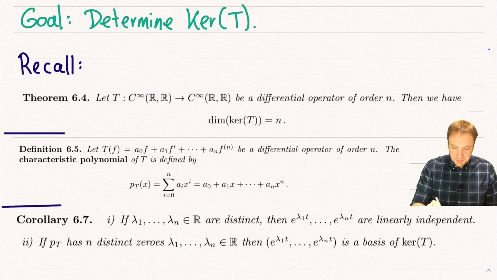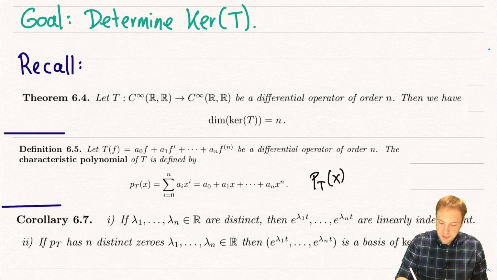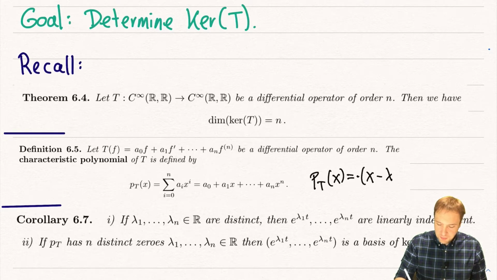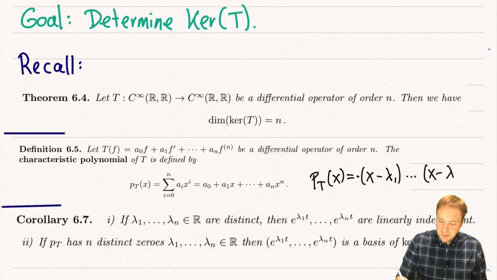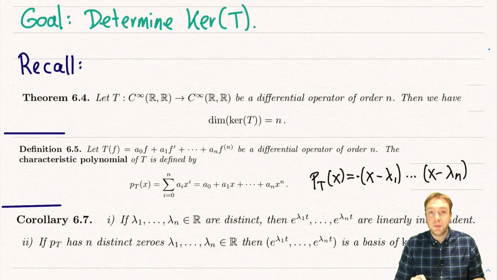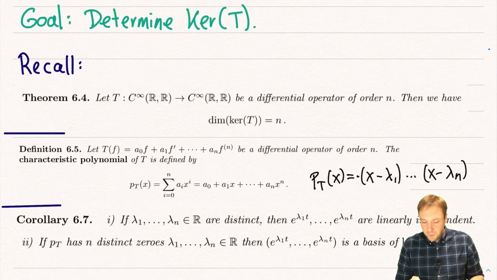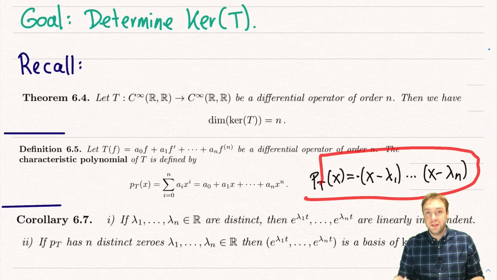So in this case, this p_T had a special shape, namely it has a form like this. Maybe there's some number in front, but the zeros are given by x minus lambda 1 up to x minus lambda n, and all these lambdas are different. So this is a condition here. But of course, not every polynomial has this shape.